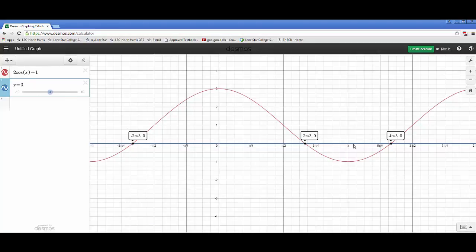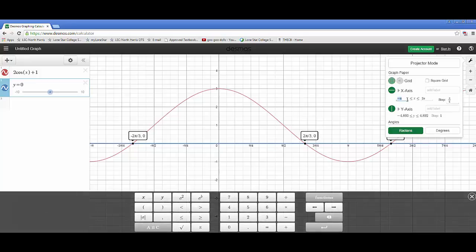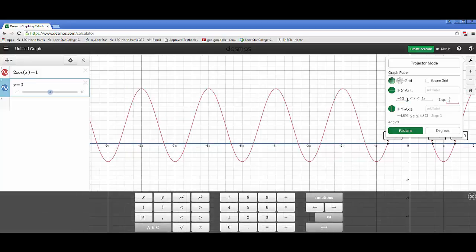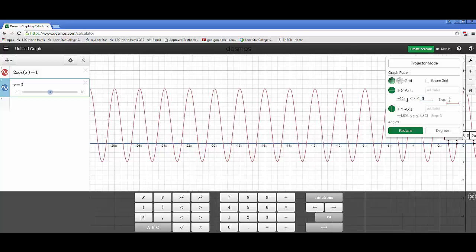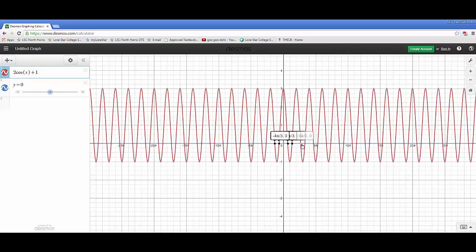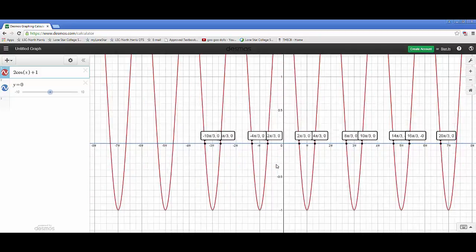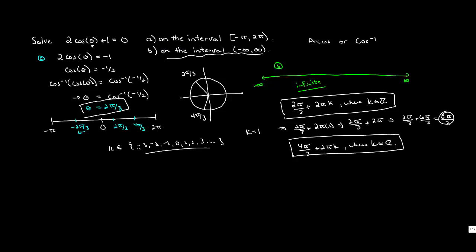If I extended my range, let's say from negative 30 pi to 30 pi, what I want you to notice is all of these different spots right here are solutions. If I zoom in on them, here's my 8 pi over 3, and like I said, 8 pi over 3 is a solution.